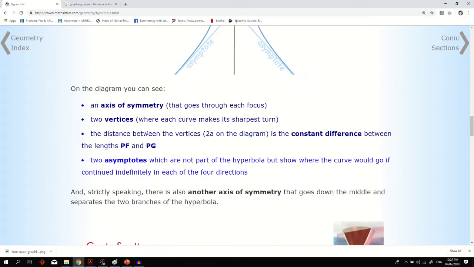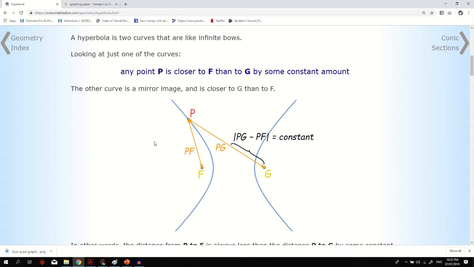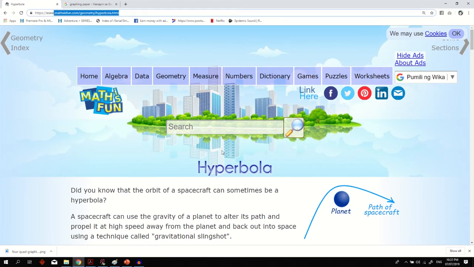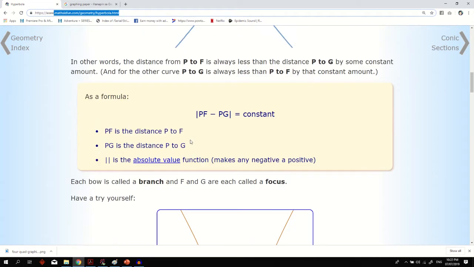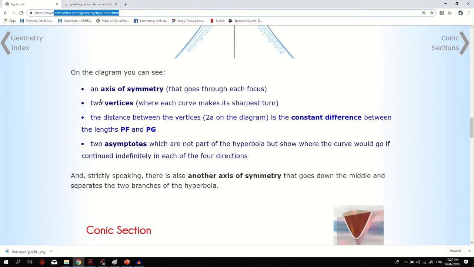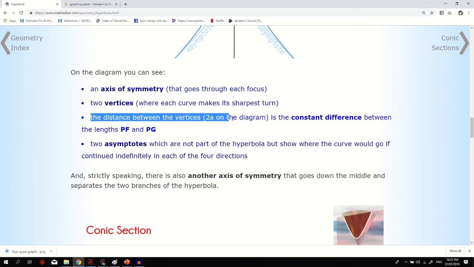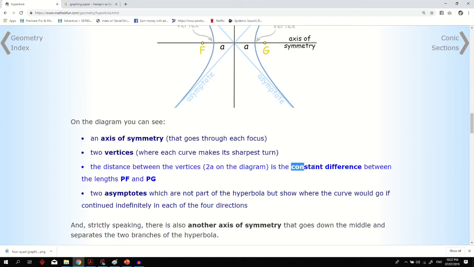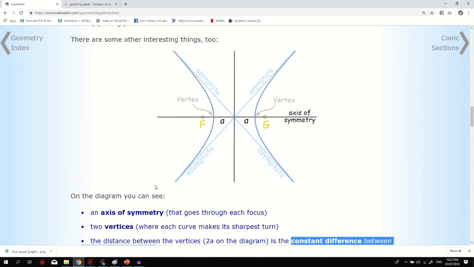So let's review here from our website, Mathisfun Hyperbola. We have a note here. As you can see, the distance between the vertices is 2a on the diagram. So a plus a, 2a, is the constant difference between the lengths of PF and PG.